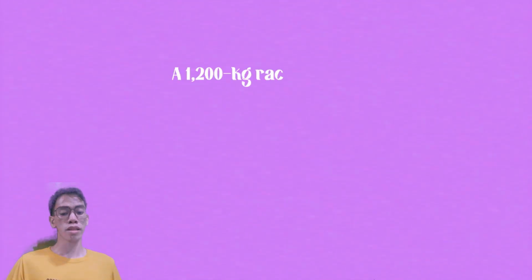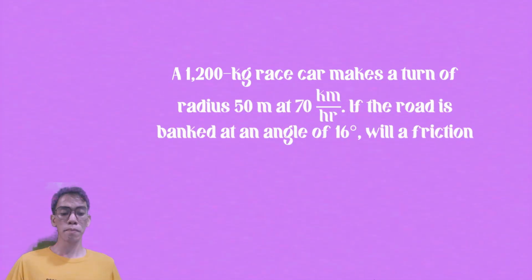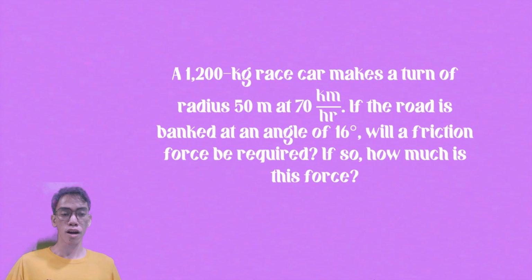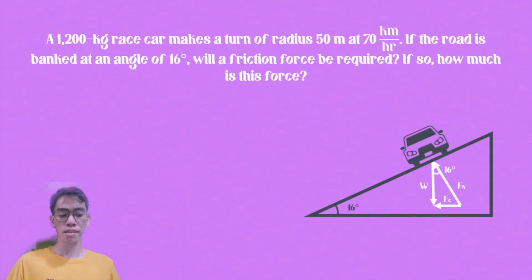Now, let's try a quiz. A 1,200 kg race car makes a turn of radius 50 meters at 70 km per hour. If the road is banked at an angle of 16 degrees, will a friction force be required? If so, how much is this force? Now we know that tangent theta is equal to centripetal force over weight.